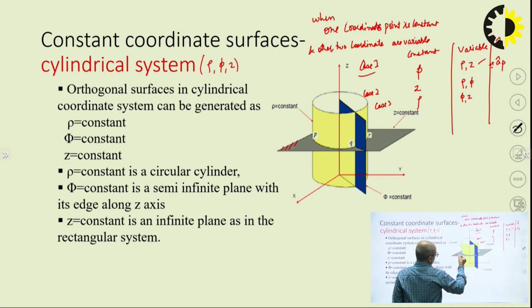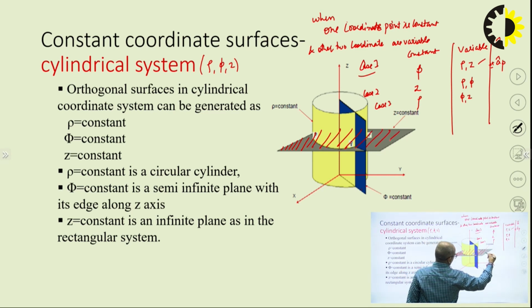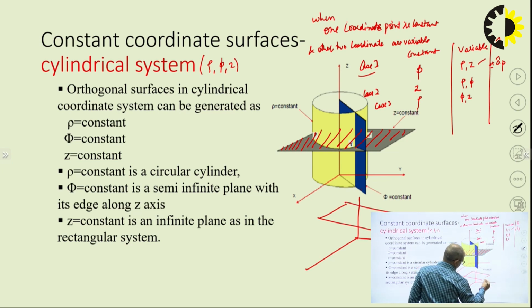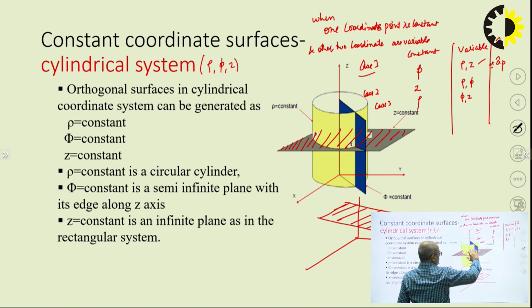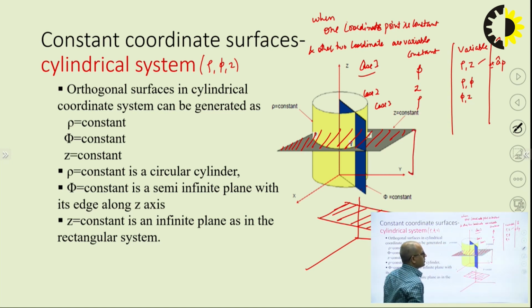This plane surface area. Clear? In that case, the height is constant, meaning the z value is constant, and phi and rho are the variables.